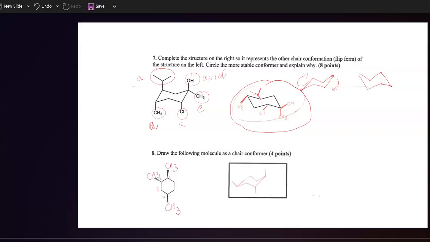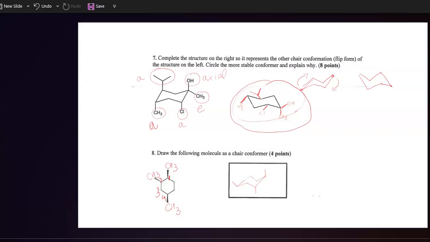So when you draw that, you have to make sure that you draw it exactly the way the planar structure is, except that now it is in a chair conformer, right? So it's good maybe to start numbering these. So you have 1, 2, 3, and 4. So at the 1, 3, 2, and 4 positions, we have the methyl groups.